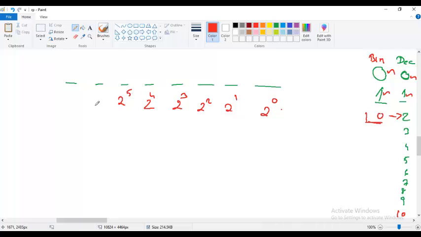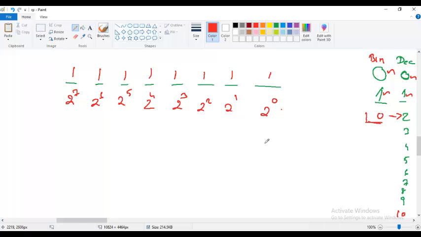Binary. Now, when I have 1, 1, 1, 1, 1, 1, 1, 1, what does it mean? It is 255. How? 2 to the power of 0 is 1.